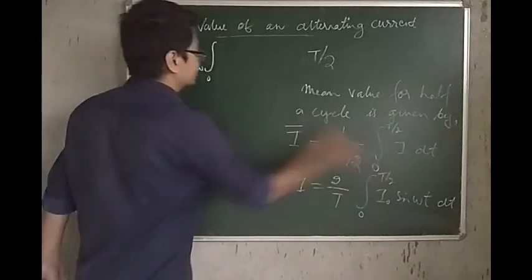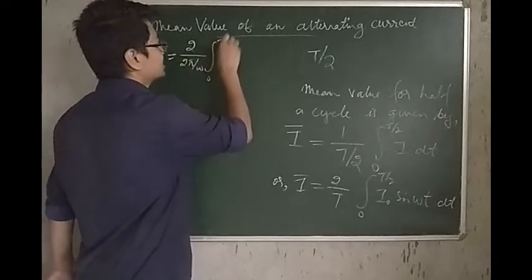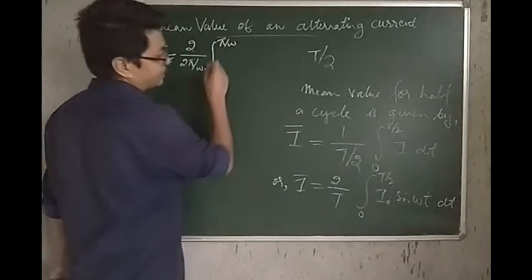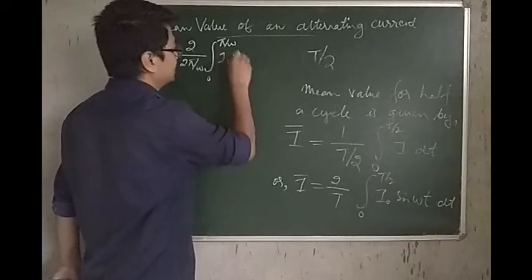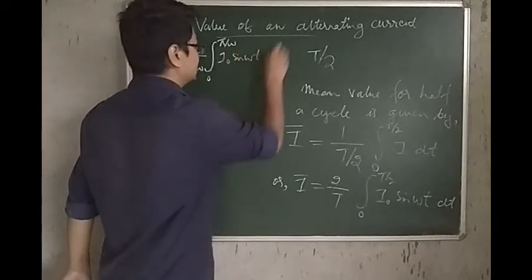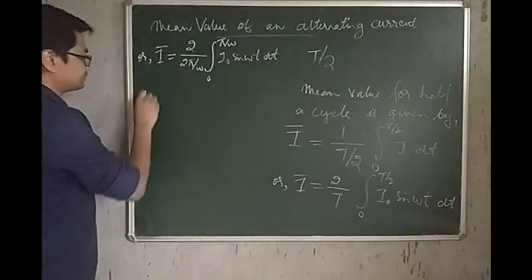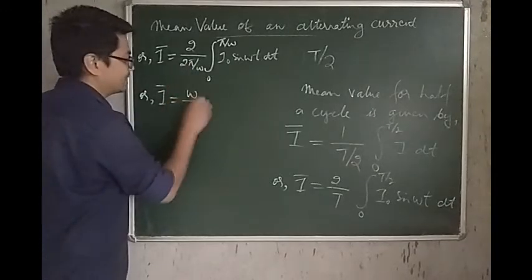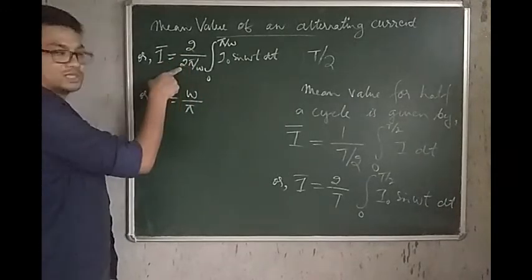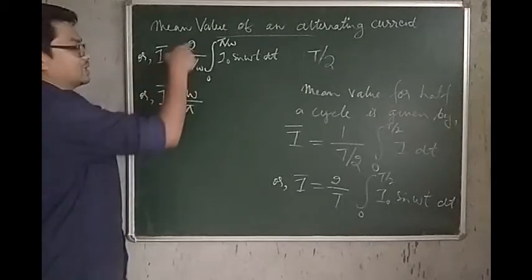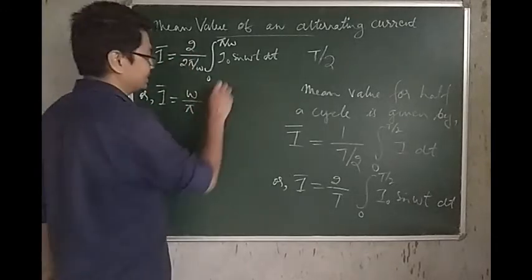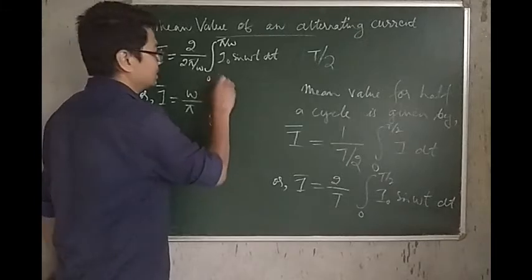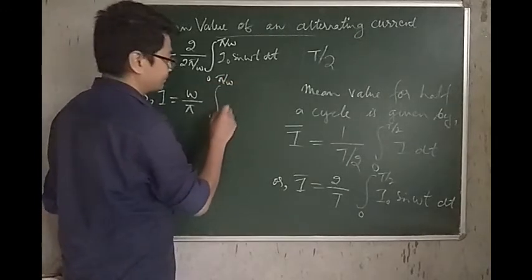So this 2 and this 2 cancel, and this becomes pi by omega, I naught sine omega t dt. So I bar is equal to, here also this becomes omega by pi, because the two divide each other out and omega goes to the numerator. So omega by pi, from 0 to pi by omega.